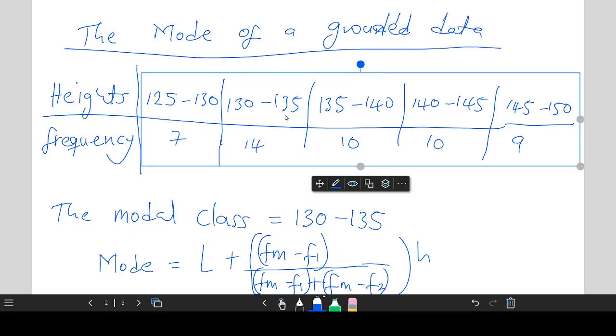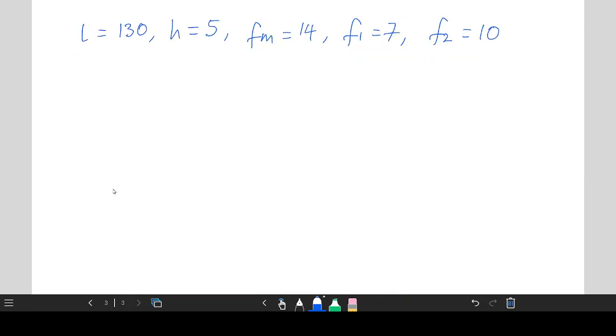So 130 to 135, the lower limit is 130. That's the beginning number. Then the frequency of the modal class, which is Fm, is 14. Then the frequency of the class preceding it, F1, is 7. Then the frequency of the class succeeding it is 10. So this is where we got the data, and the width is 5 because we have from 130 to 135.